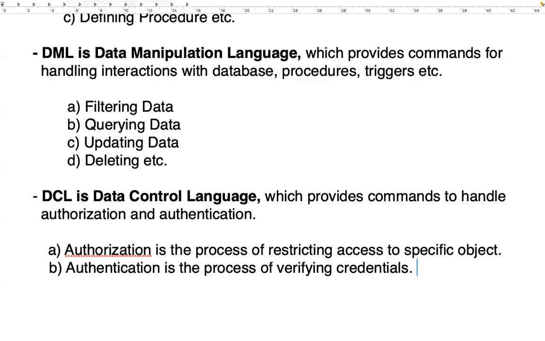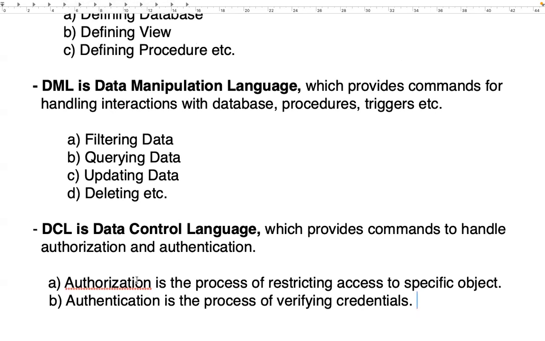What is important here is that the commands are categorized into three: data definition, data manipulation, and data control. Three major options. Definition means creating a database, configuring a database, views, procedures and all of them. Manipulation means filtering, sorting and all.